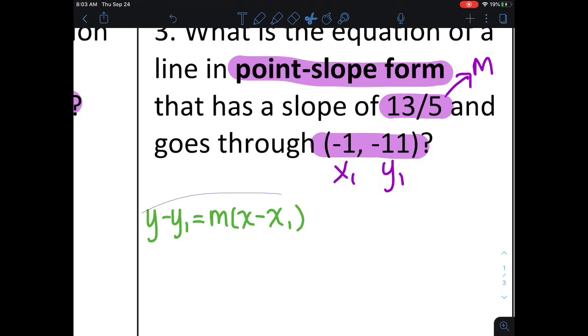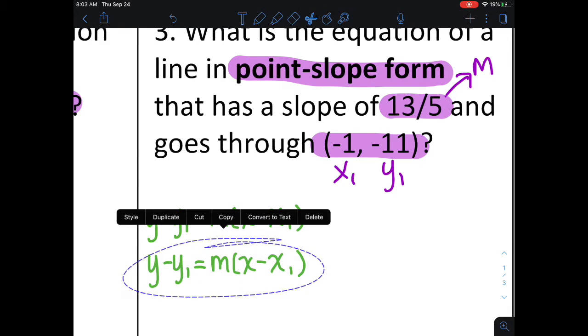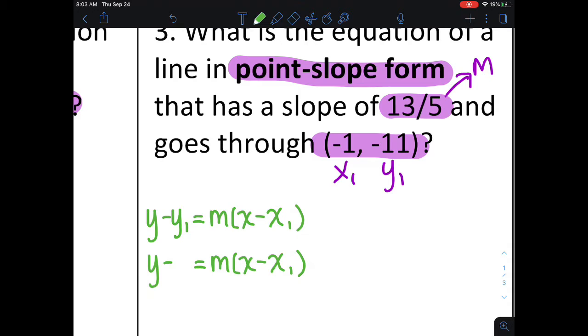And now I'm going to erase and replace. So then I'm going to erase y1, and I'm going to replace it with, what was y1? Negative 11. I'm going to erase m, and I'm going to replace m with 13 over 5. I'm going to erase x1, and I'm going to replace that with negative 1.